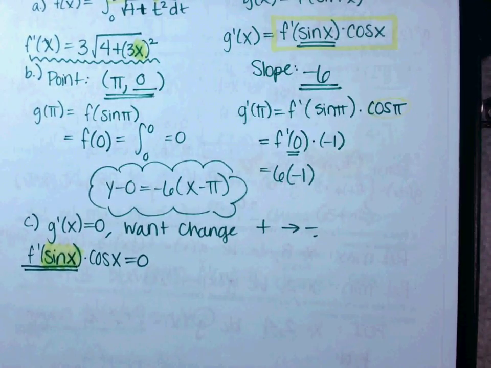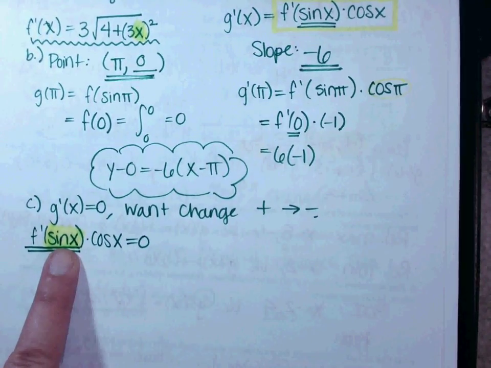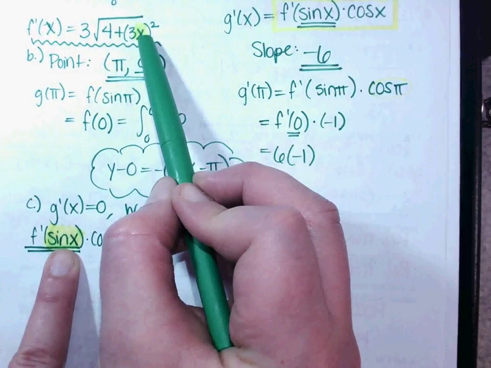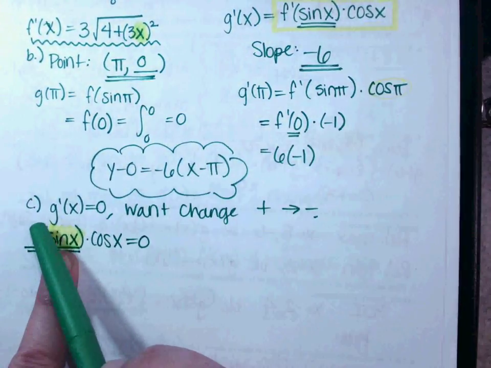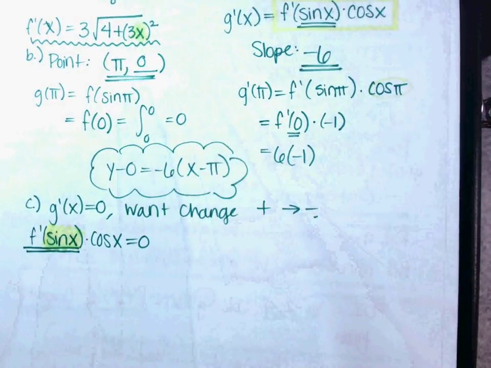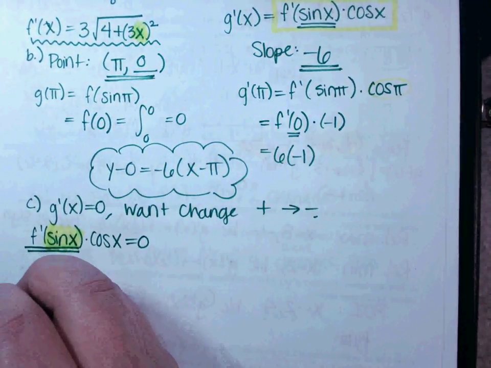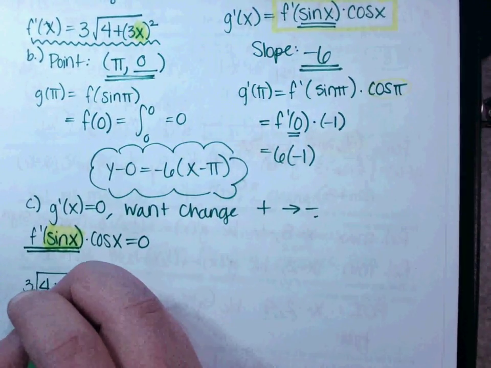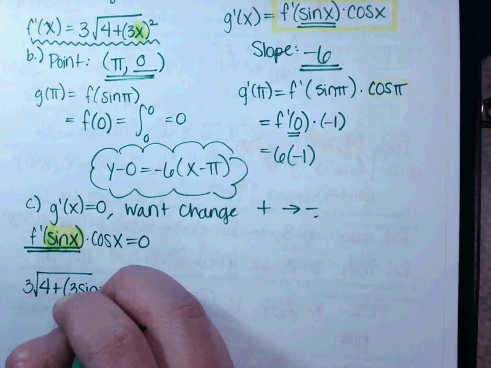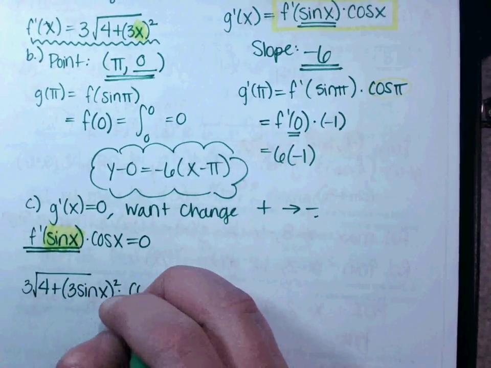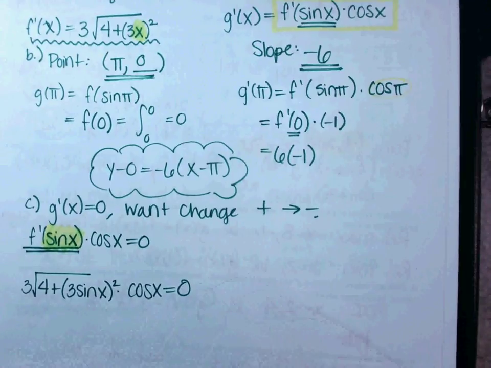Because I want to find my critical numbers, because I want to find a max. Okay? So I'm going to take my sine x and plug it in right here in the x of my f prime. So f prime of sine x is now going to be the sine plugged in right here. So it'll be 3 times the square root of 4 plus 3 sine x squared, times cosine x, equals 0.